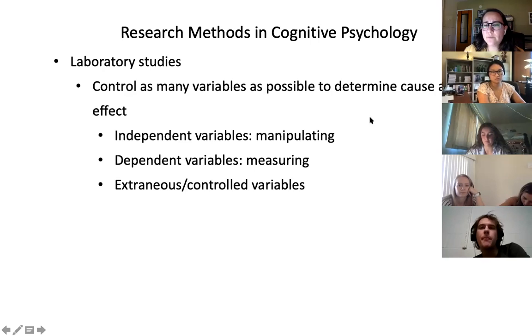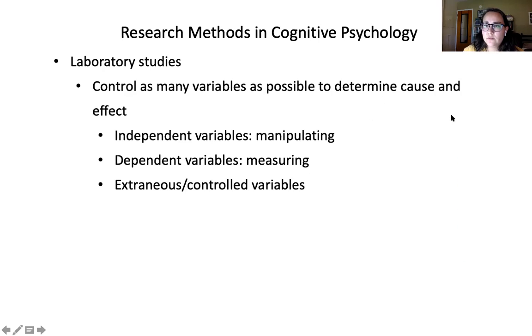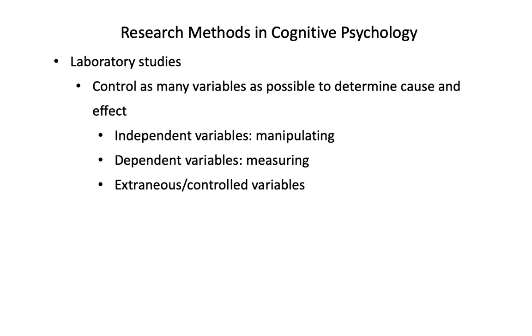Can anybody tell me why we would want to know about this variable? Because sleep could make people less reactive or more reactive, and then it's an extra variable that needs to be controlled, because then it's not just the caffeine that's affecting them, it's their sleep.